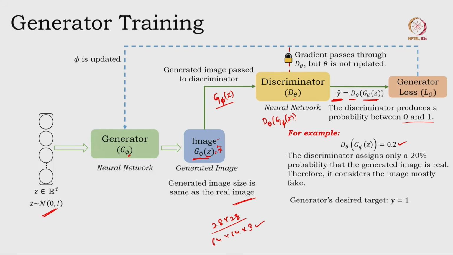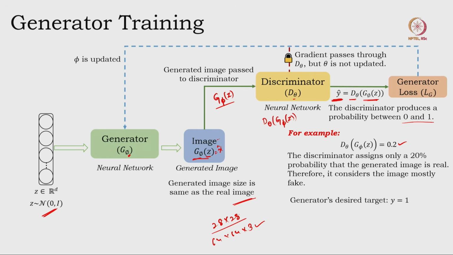In other words, the discriminator is very confident that the image is generated, or a fake image. I hope up till here it is clear to you. The generated image is passed as an input to the discriminator, and it is going to give us the probability.